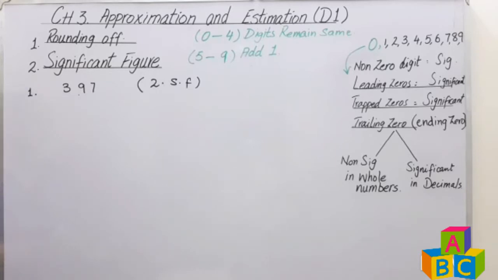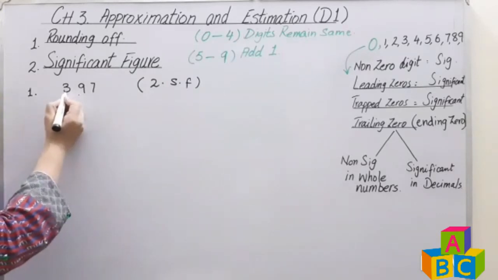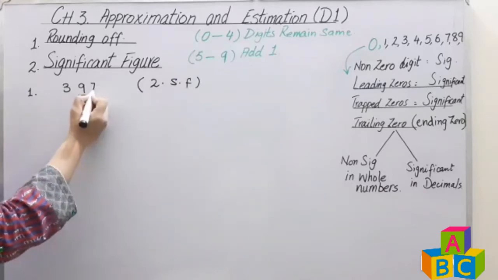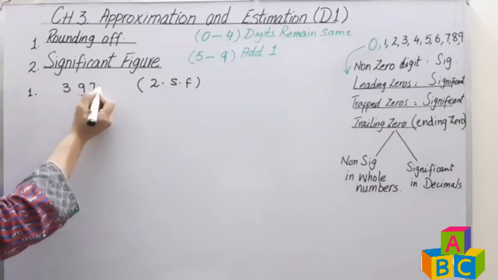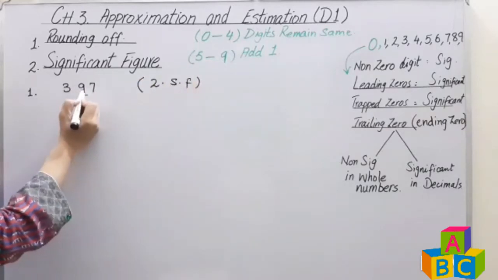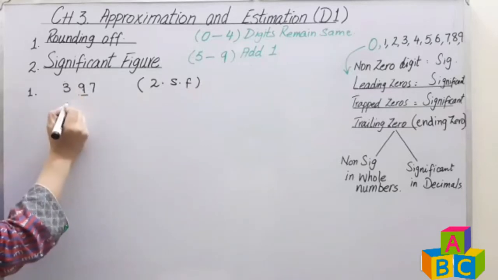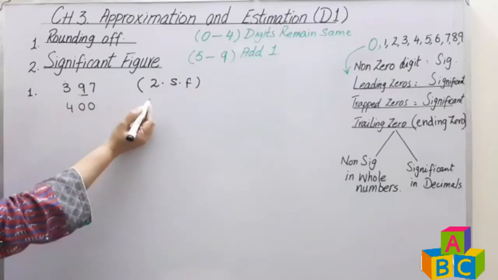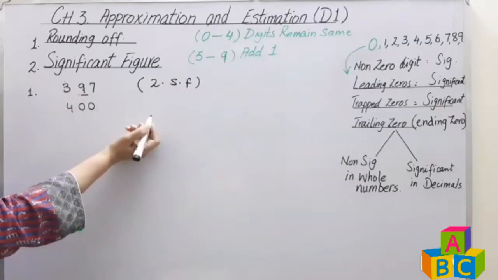So there are three types of zeros which we consider: leading 0, trapped 0 and trailing 0. First we underline the target digit and we round it. It is 7 and this lies in this category, so we make it 0 and add 1 to the 4 here. So our answer is 400 when we round it to 2 significant figures.